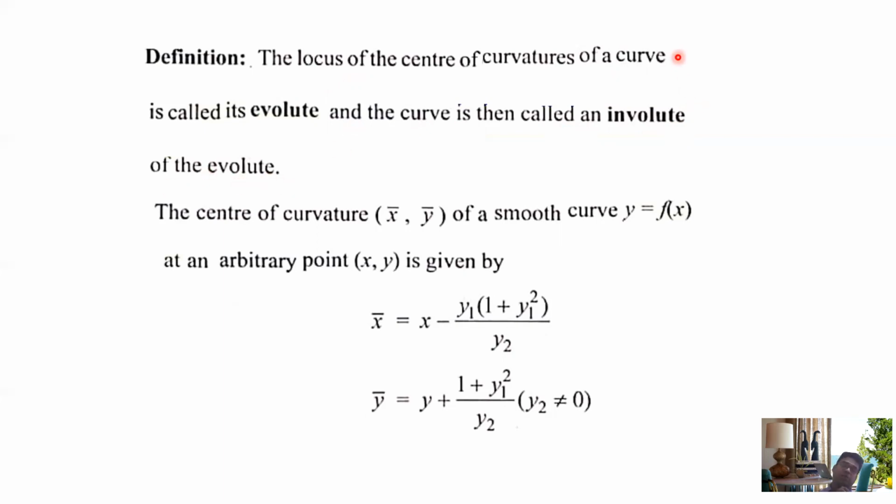That is, this original curve is called the involute of the evolute.